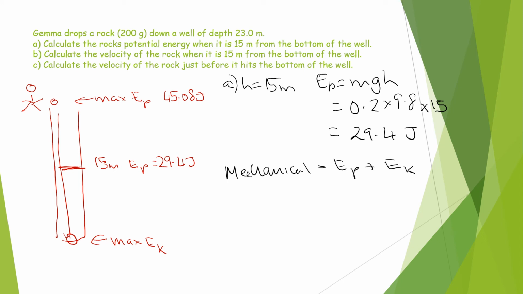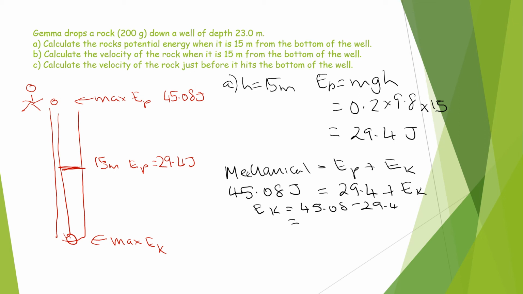We know the total energy of the system is 45.08 joules, and at 15 metres it is 29.4 joules of potential energy, so we can find the kinetic energy. The kinetic energy equals 45.08 minus 29.4, which comes out to 15.68 joules.